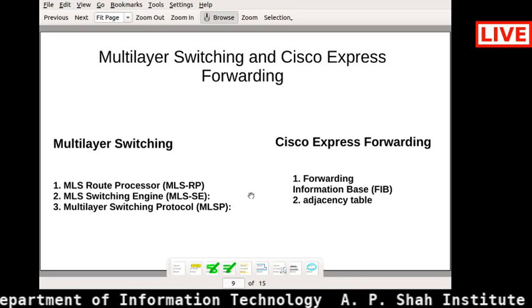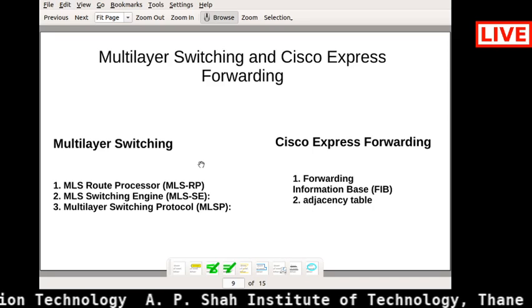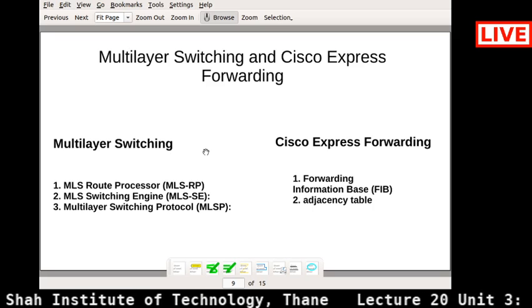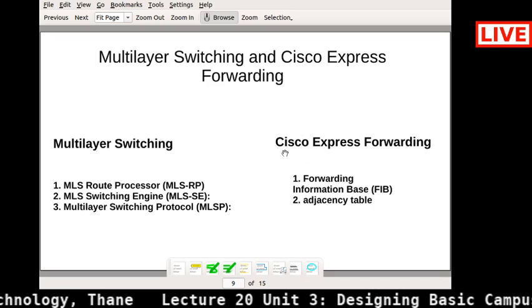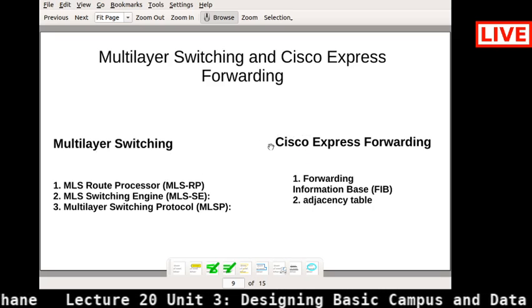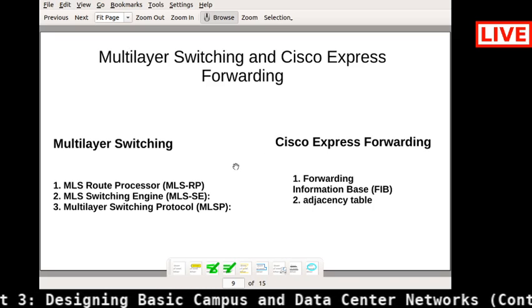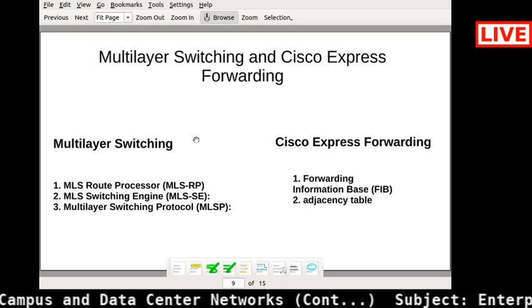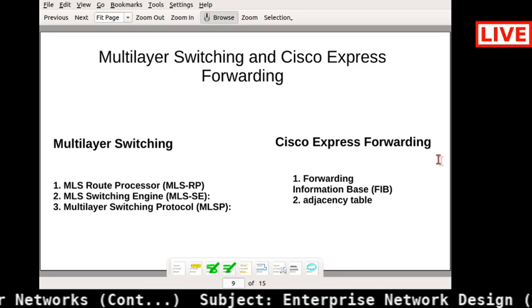With respect to Cisco, we have two different ways of switching. The first one is multi-layer switching, and the second is Cisco Express Forwarding. In Cisco devices, mainly these two types of switching and forwarding are there.